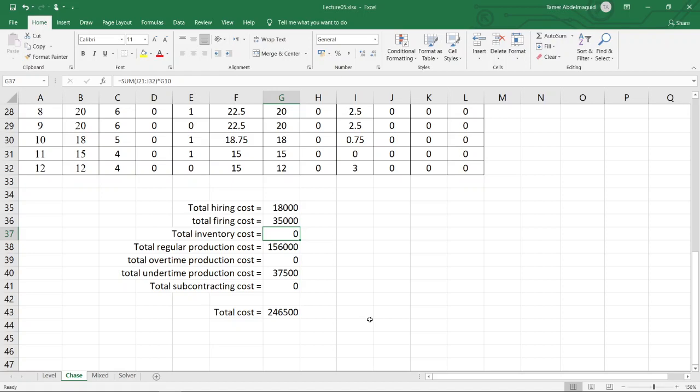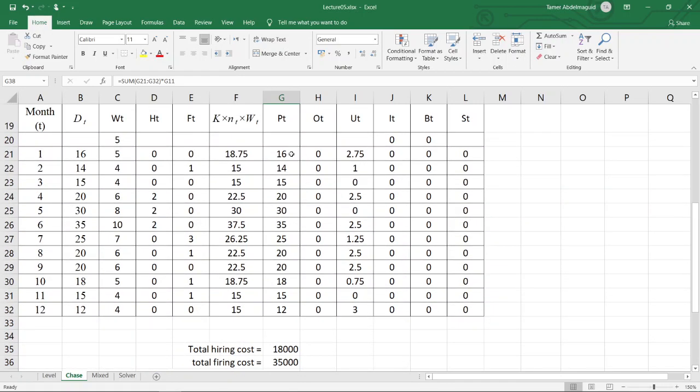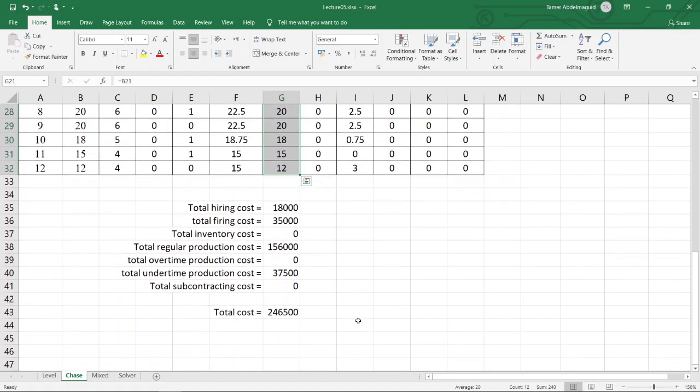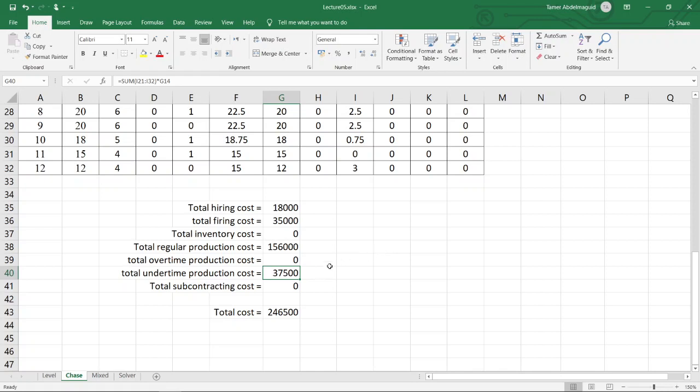The total regular production cost is again the summation of the values given in this column, P sub t, times the production cost per unit. And of course, we do not have overtime cost. We have undertime production cost for the unused capacity, and the subcontracting cost is 0.